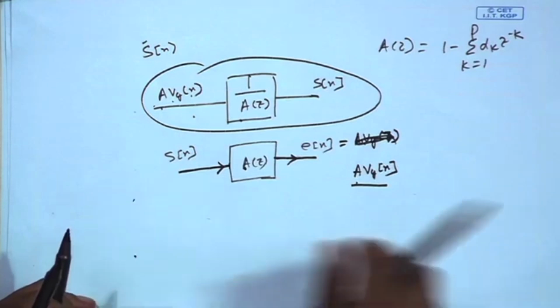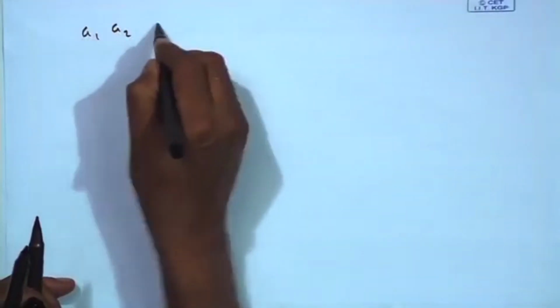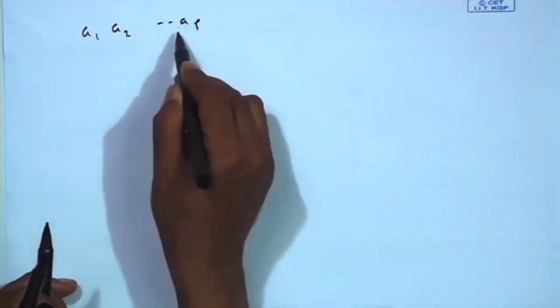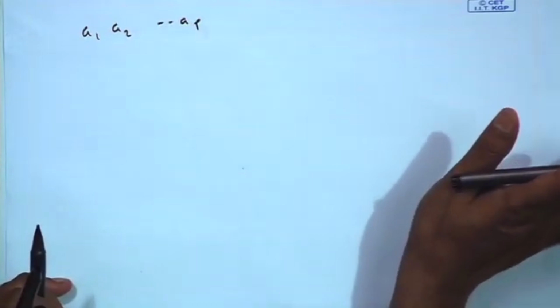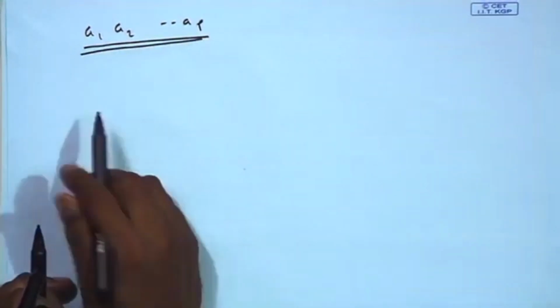Okay. Now, what does the principle boil down to? The principle is that I have to either estimate the values of a1, a2 up to ap, or, if I know a1, a2 up to ap, I have to pass the error through 1 by A(z) to get the signal synthesis. So how do I estimate these values?